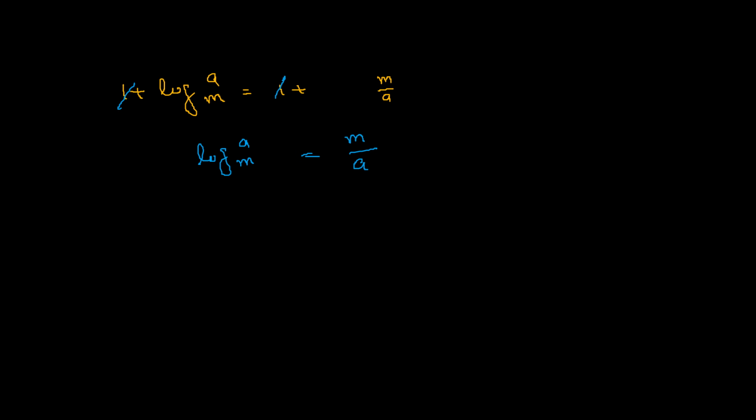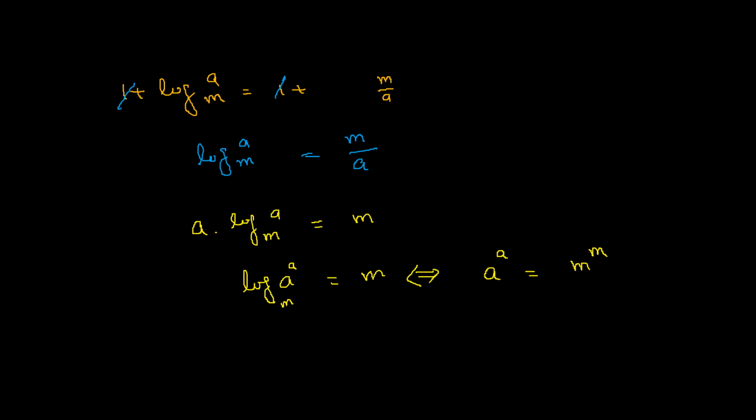And now a will multiply on both sides, which gives a times log of a with base m equals m, and now that makes it log of a raised to power a with base m equals m. By the definition of logarithm, that will be equal to a raised to power a equals m raised to power m.